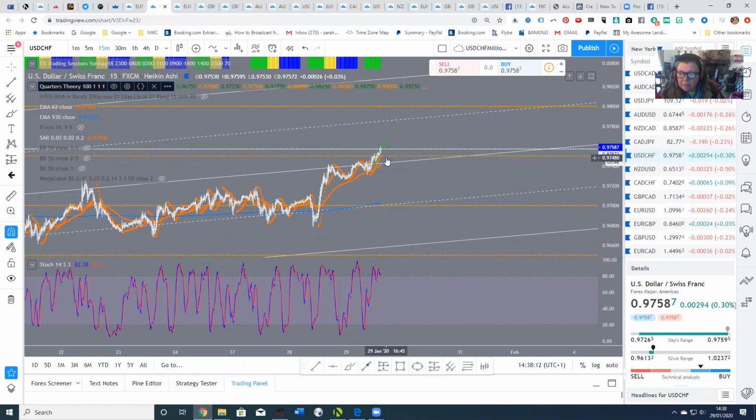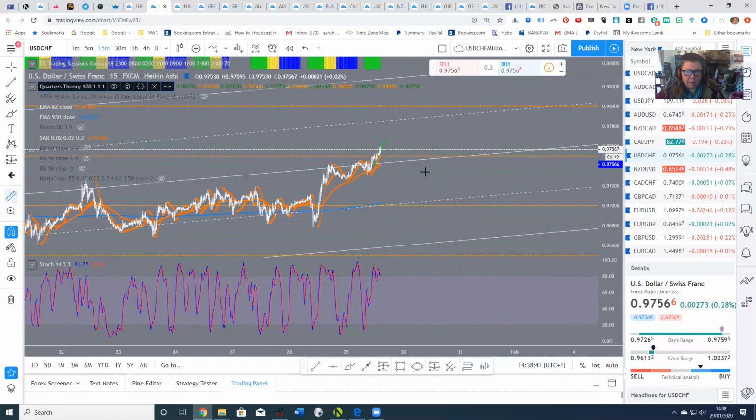Let's mark this. You've got the quarter theory at 0.97500, so it might go down back to that, or it might come back to 0.97437 or thereabouts, because obviously it depends how long that takes. USD CHF is quite a slow moving pair, and it's in a little wedge there, a price trap, but it will have to make its mind up one way or the other.